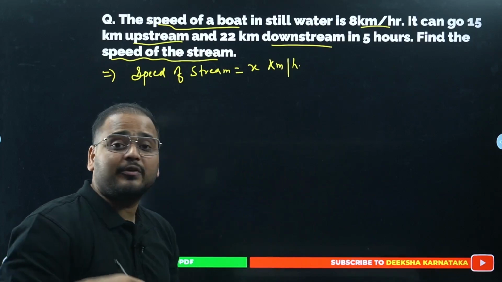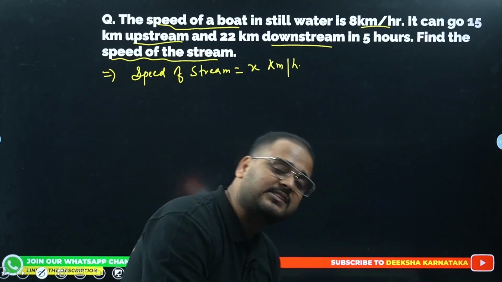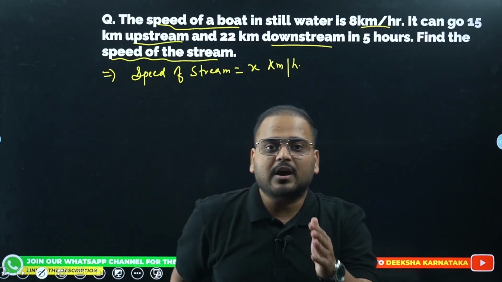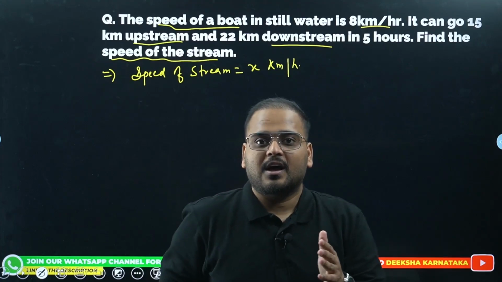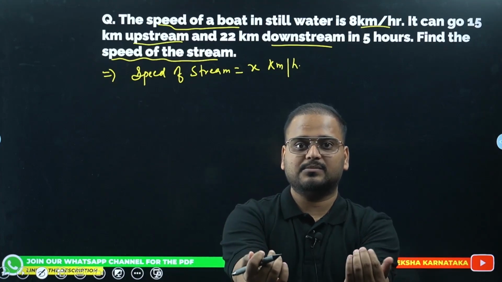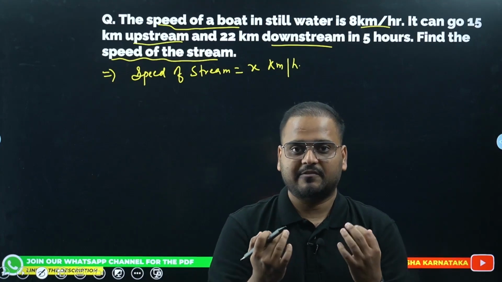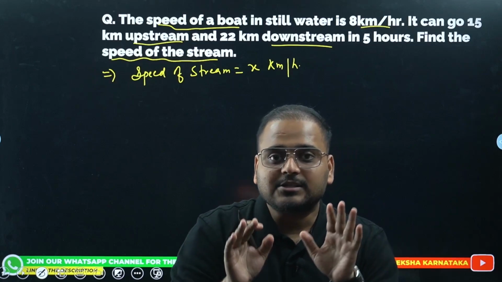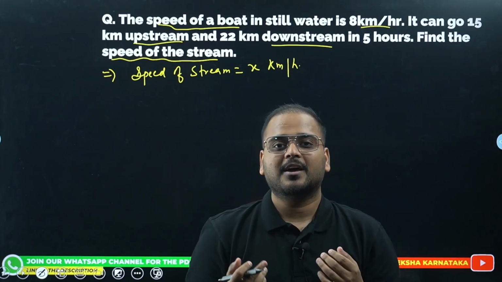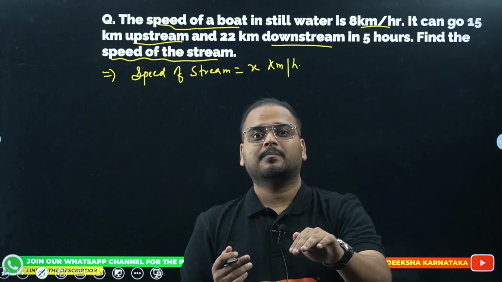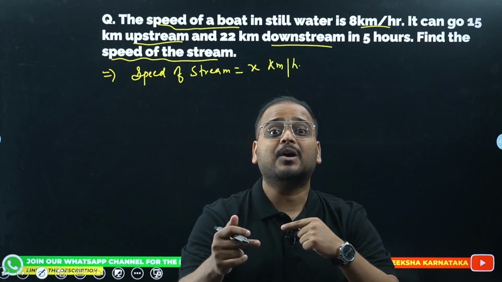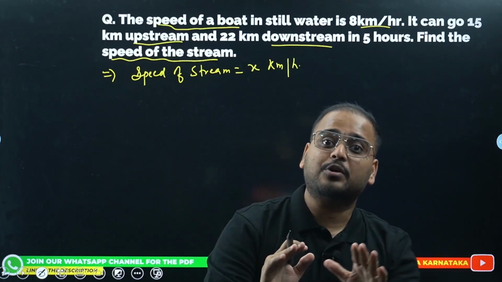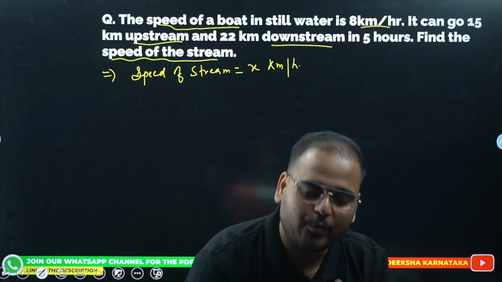So downstream means with the stream, upstream means against the stream. If I'm moving against the stream, I'll slow down because something is opposing me. But if I'm going downstream, I'll speed up because the stream is supporting me.